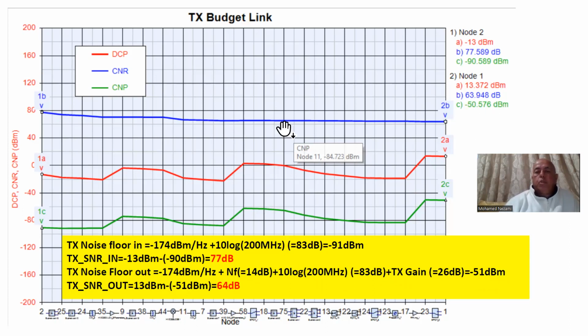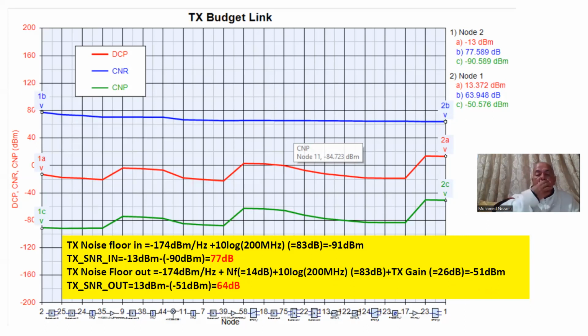As you can see, we just verified computationally with simulations to validate the chain. So the SNR at the beamformer output is: we have plus 13 dBm, the desired channel power. We subtract the noise power, and we end up with 64 dB at this point. That's the signal to noise ratio.